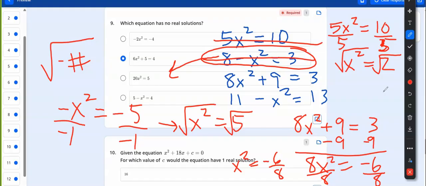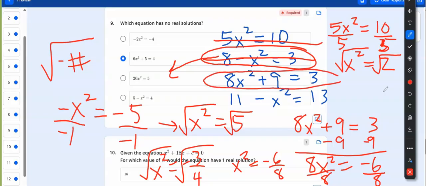Simplify that. X squared equals -3/4. And then the square root those. Did we get the square root of a negative number? Yeah. That's the one that has no real solutions. So you're going to have to solve each one of these simple little equations until you find that situation where you're trying to take the square root of a negative number. Okay.